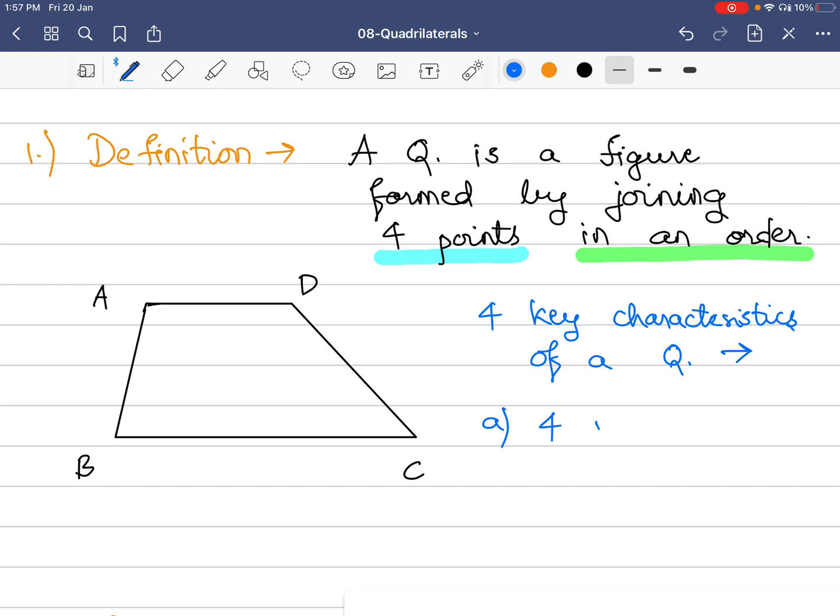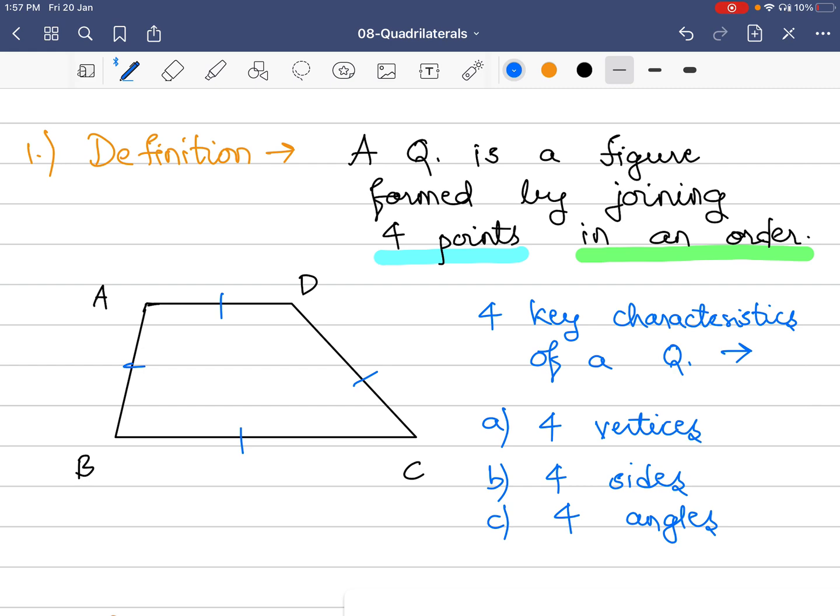First is it will have 4 vertices, quite obvious because there are 4 points that we're joining. So a quadrilateral will always have 4 vertices. Second thing, it will have 4 sides: AB, BC, CD, and AD. And last, again very obvious, it will have 4 angles. So every quadrilateral will have 4 vertices, 4 sides, and 4 angles.